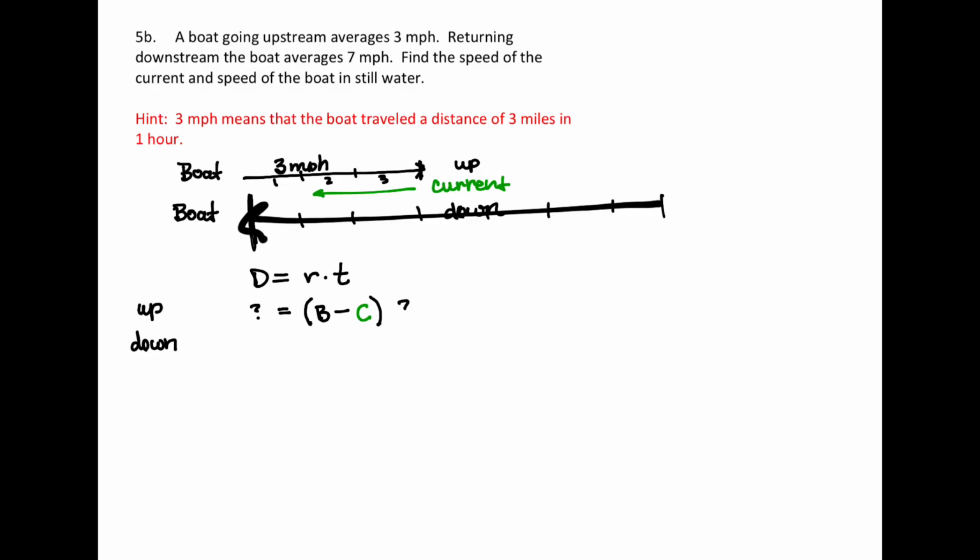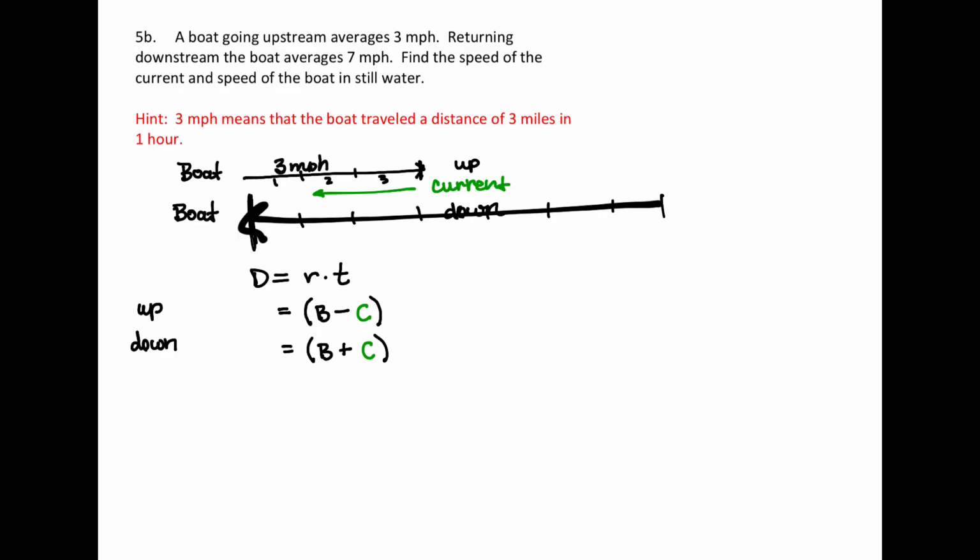Do I have a time? Going down, we don't know a distance, but we do know that it's the boat with the current, and we don't have a time. Okay, we do. You just need to know where to find it.